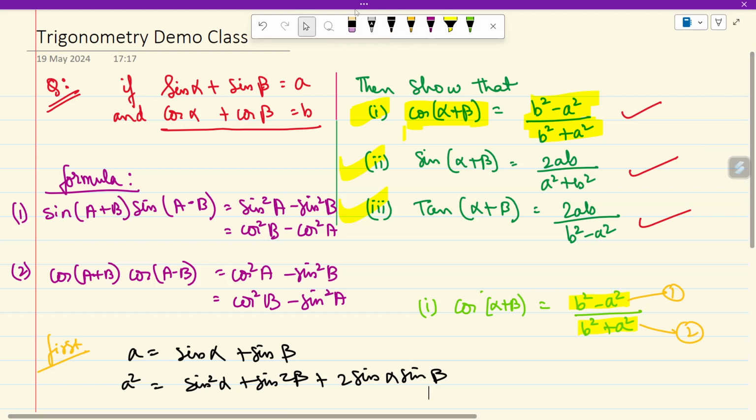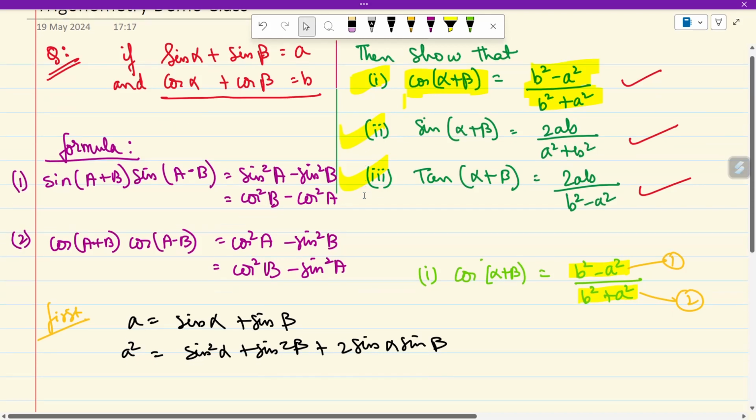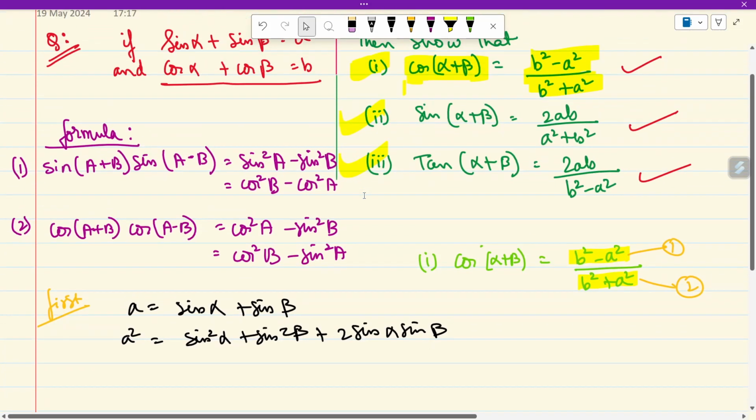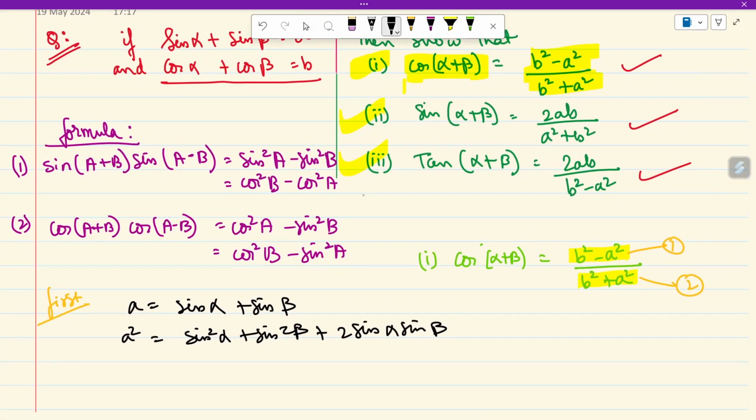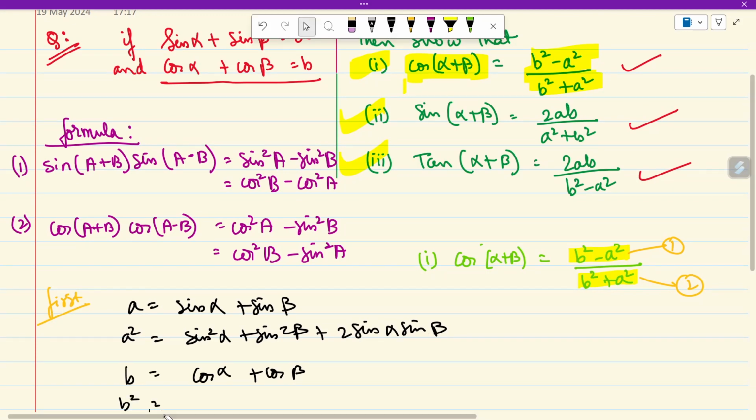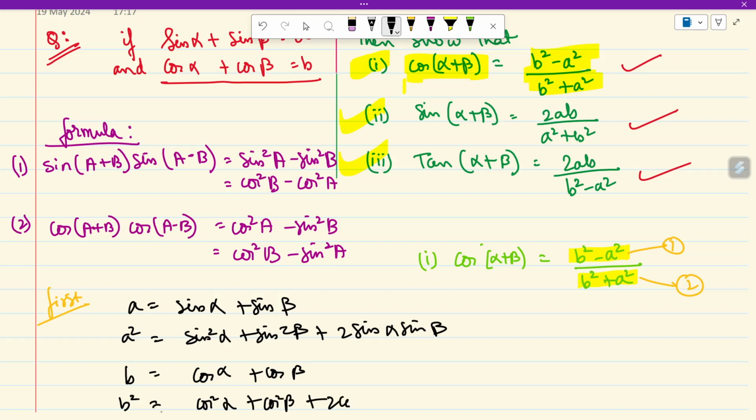B is given as cos alpha plus cos beta, so B square is cos square alpha plus cos square beta plus 2 cos alpha cos beta. Let this be 1, and this second one that we have found, B square, be 2.